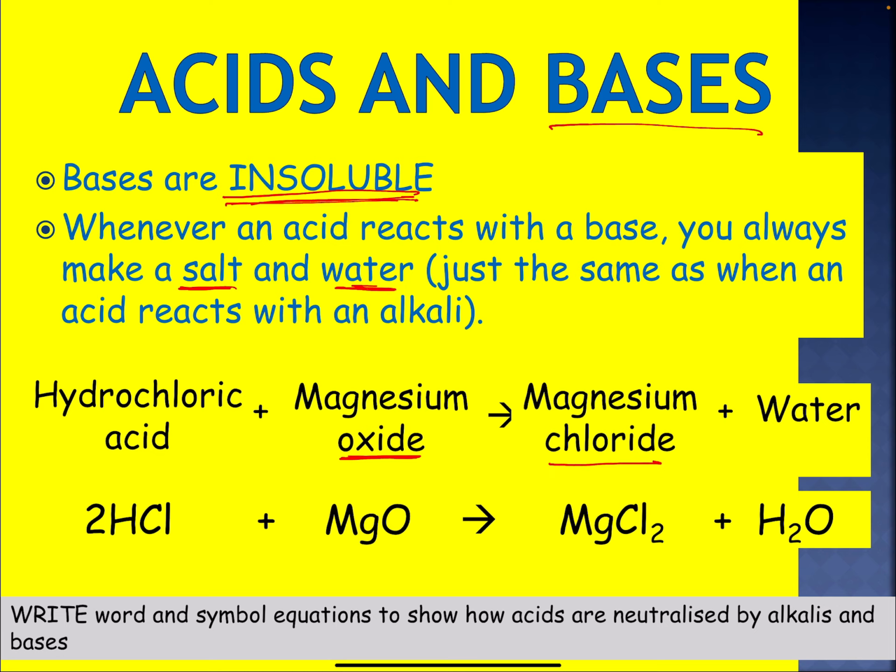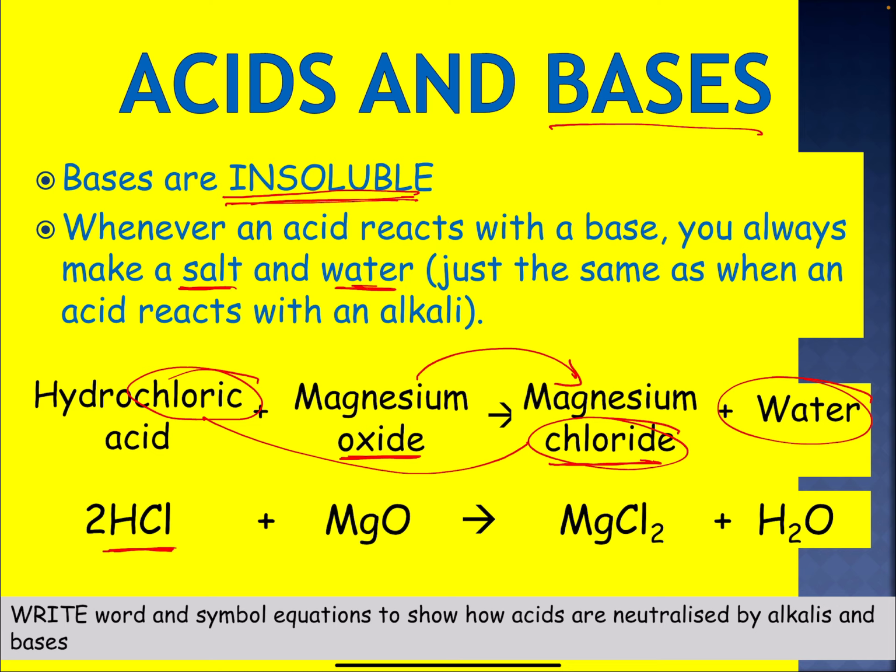The salt is magnesium chloride. Now it's chloride because the acid is chloric, and it's magnesium because the base is magnesium oxide. And there's your water. And then to balance it, there's your hydrochloric acid, there's the base, there's the salt, and there's the water.